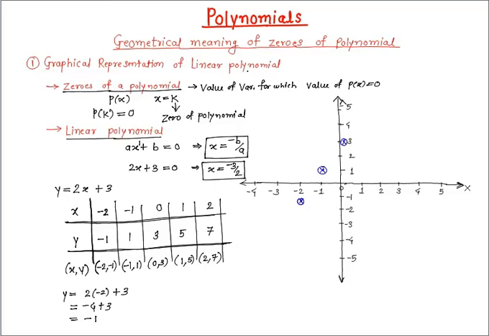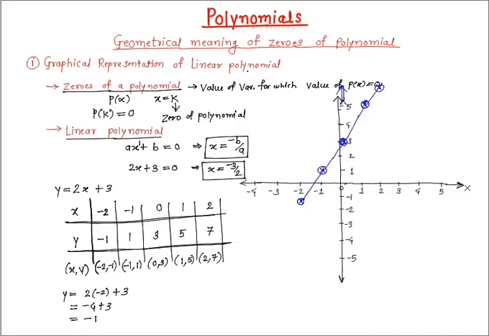This is the point here. Then we have 1 and 5 here. And 2, 7. So if you plot, it will be somewhere like this. So now let's plot the graph. Let's join these points.